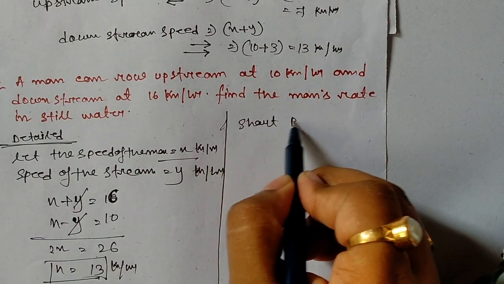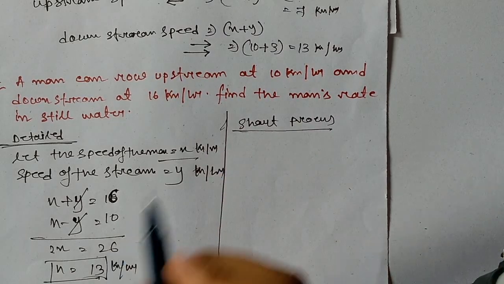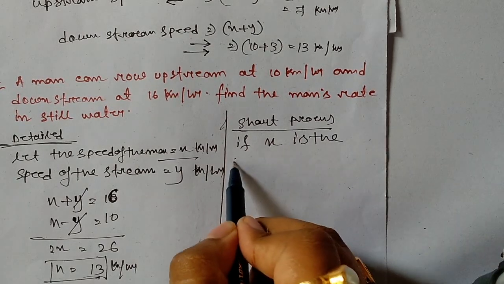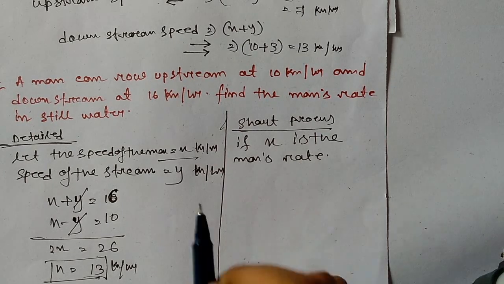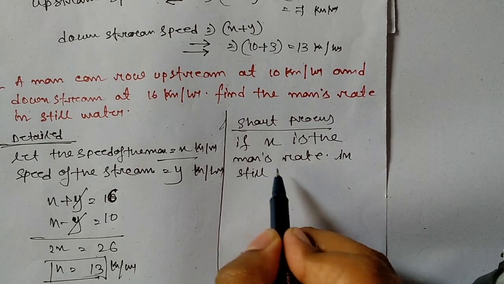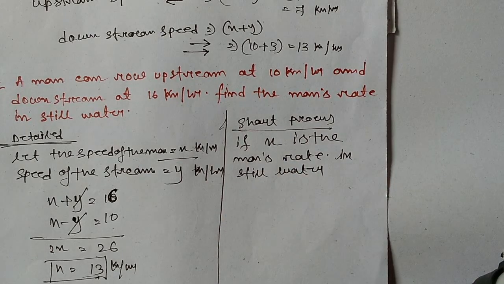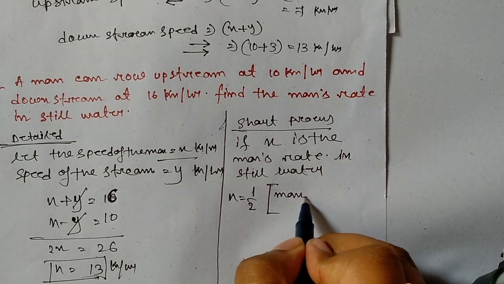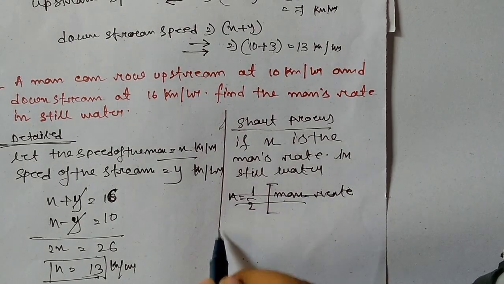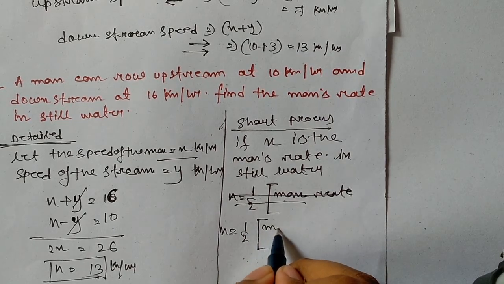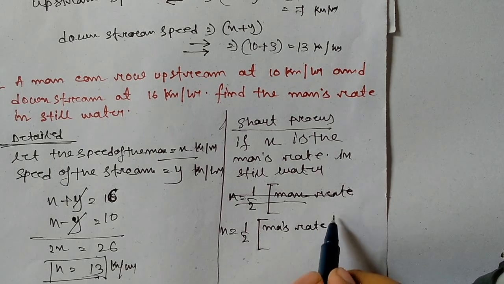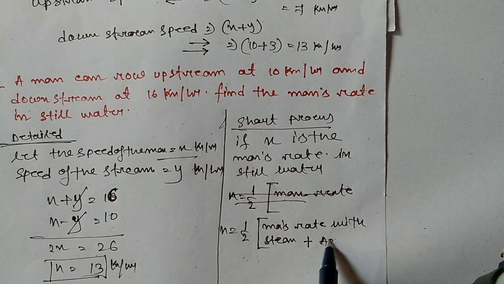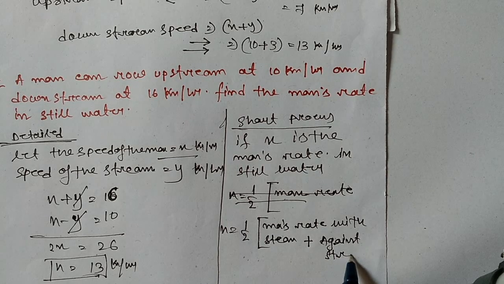Okay, so in this case, if x is the man's rate in still water, then x is equal to half of the man's rate with the current, meaning the stream, plus against the stream.